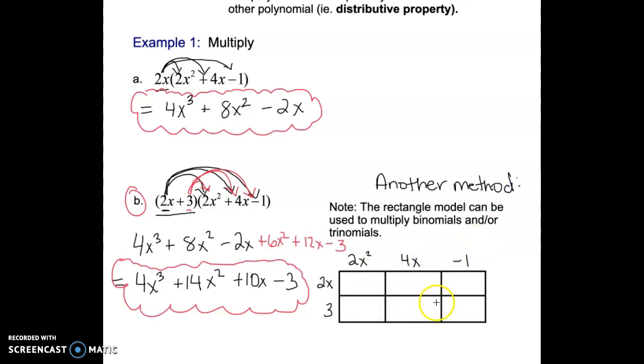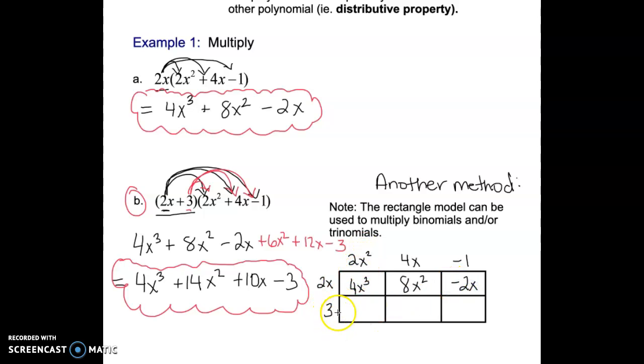You can do it this way instead of the distributive property, but you will see it takes a little bit longer. We take the first rectangle inside this big rectangle: 2x multiplied by 2x squared is 4x cubed. 2x multiplied by 4x is 8x squared. 2x multiplied by -1 is -2x.